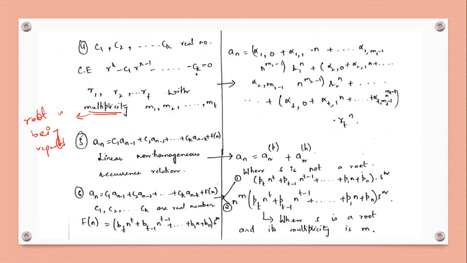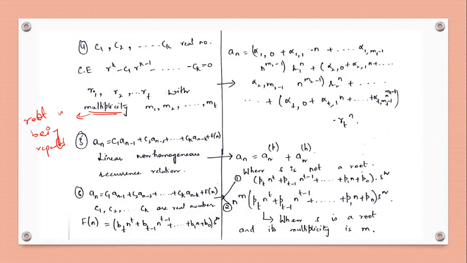That is, it will be a polynomial equation with degree 3 or more, and R1, R2 and Rt are all the roots. Okay, where R1 is being repeated m1 times, R2 is being repeated m2 times and Rt is being repeated mt times. Then our solution will be alpha 1 comma 0; however many times it is being repeated, we have to take that many constants, and R1 power n.